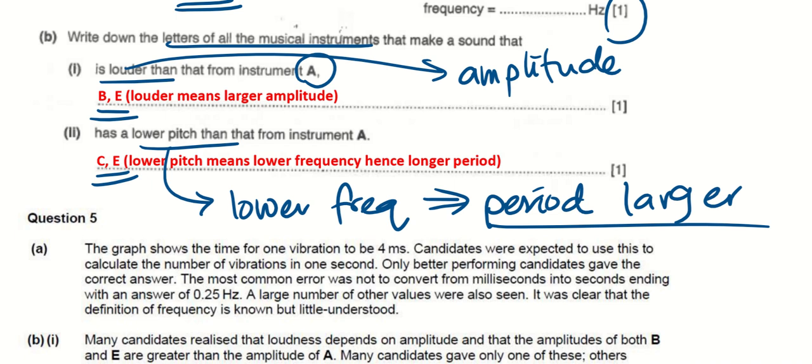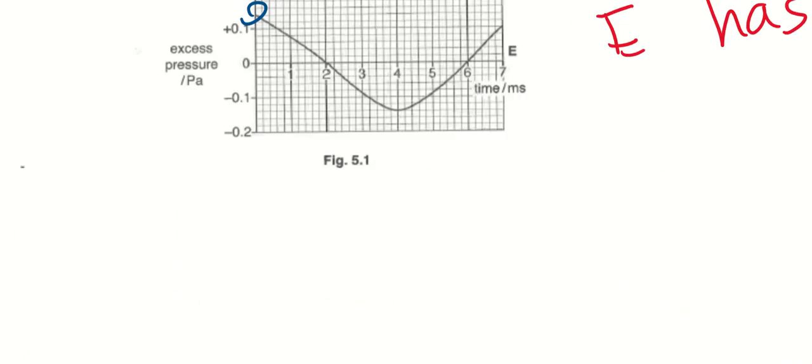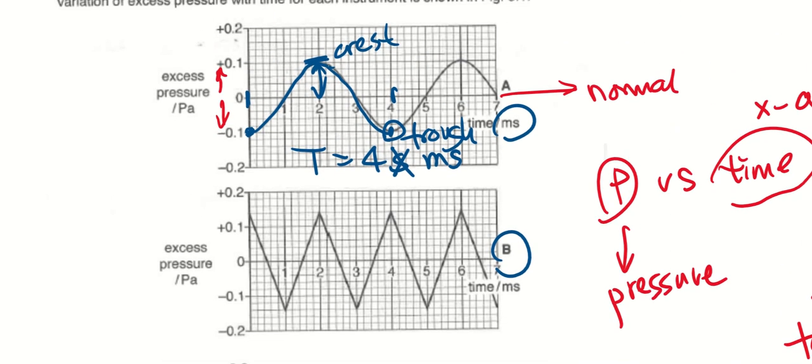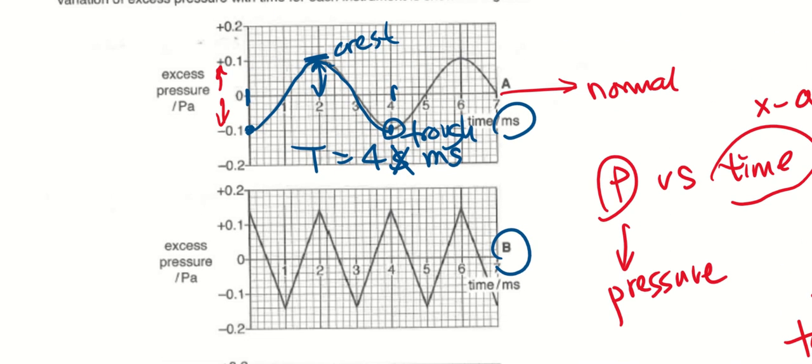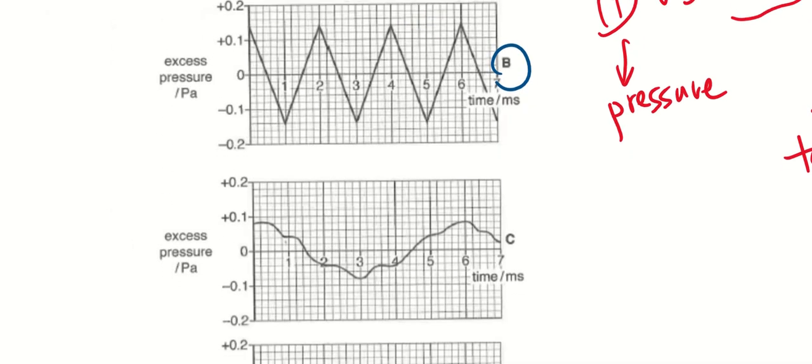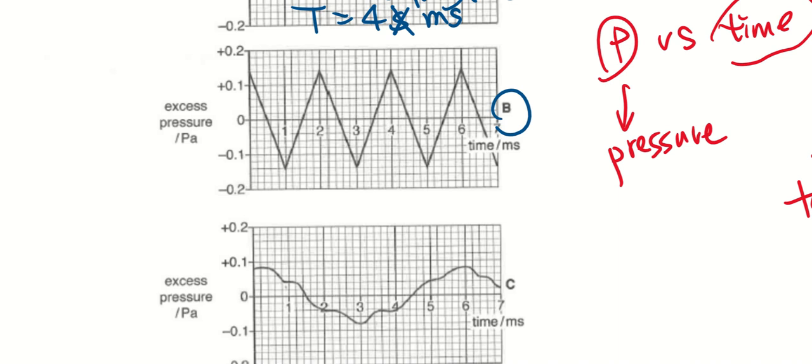Why C? It is with respect to A. For A, you see that the time frame is 0 to 7 seconds, right? How many waves did A complete? Less than 2, right? How about C? C actually starts somewhere here, you see the crest of this.